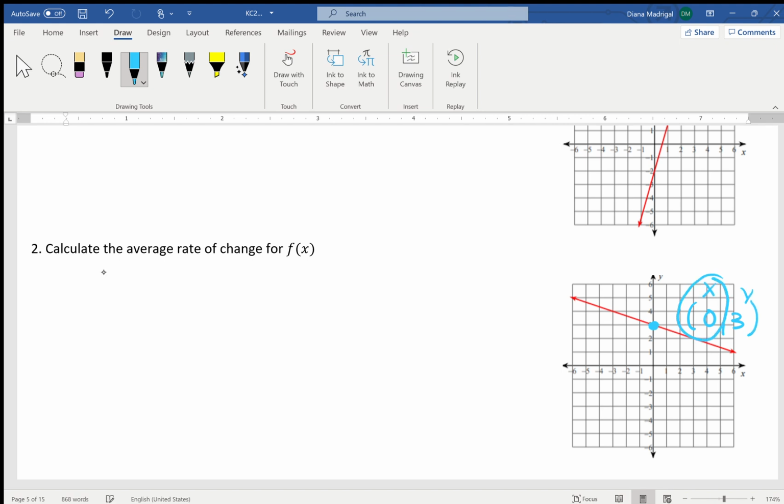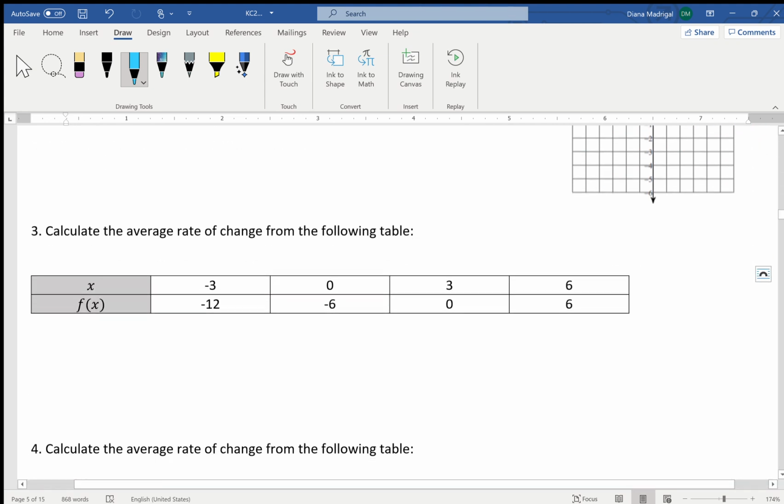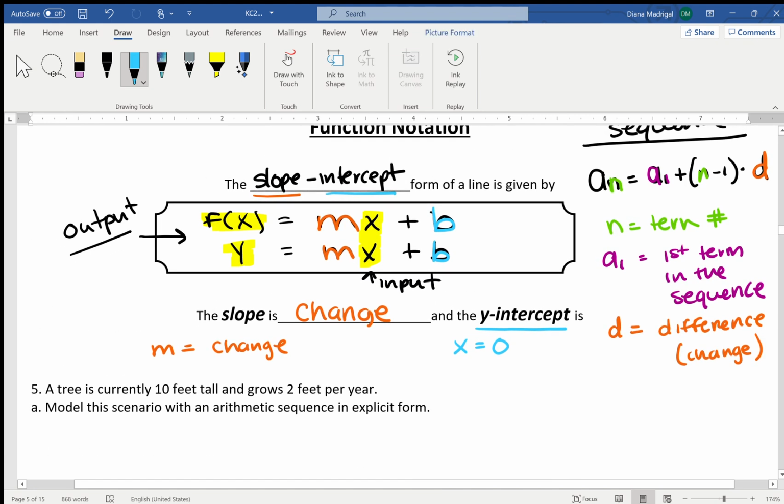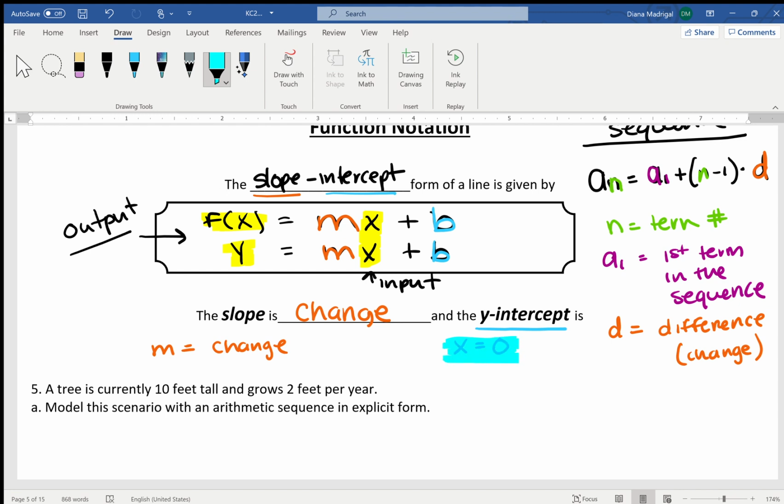And your y represents the starting point. Well, x will always be 0. That's all you need to understand, that for the y-intercept, x will always be 0. And that's something that you need to remember, okay? It is the starting point when x is 0, okay?